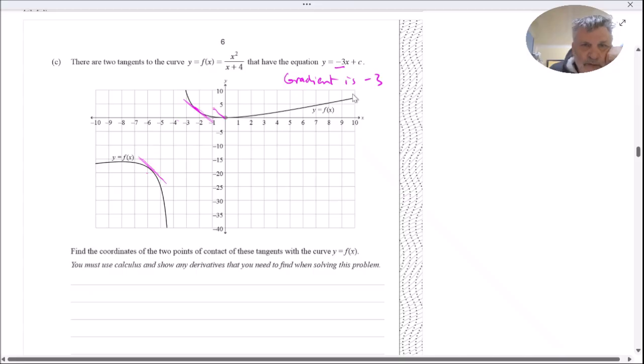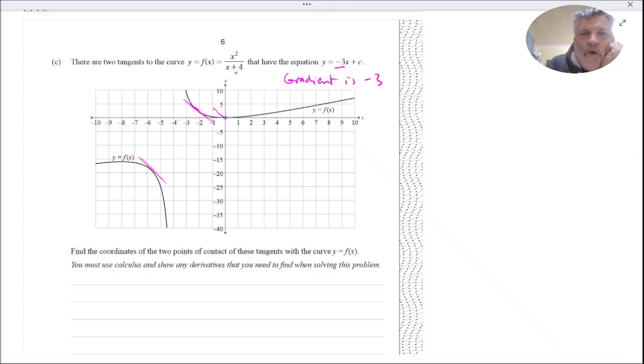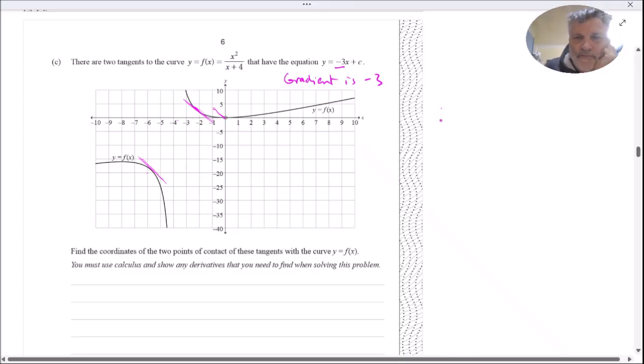So we've got a quotient, so we need to use the quotient rule. As I said, people like to write u equals x squared. u prime is therefore 2x. v is equal to x plus 4, and v prime will be 1. You can do all that.